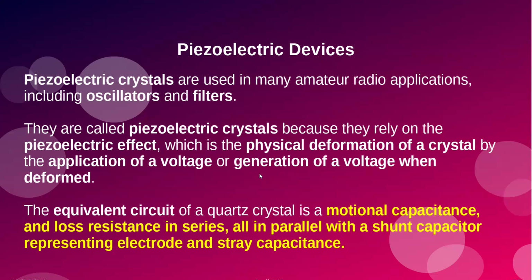The main thing to remember is this last one. This long sentence where a crystal is a motional inductance, capacitance, and loss resistance in series, all in parallel with a shunt capacitor representing electrode stray capacitance, equivalent circuit for a crystal. So the motional capacitor is the spring portion of the crystal.